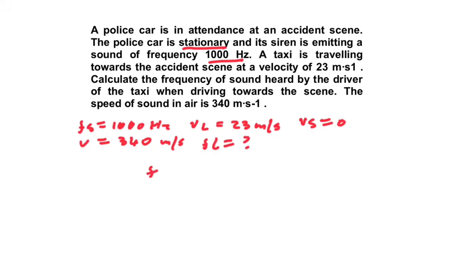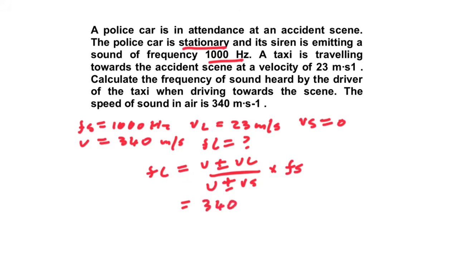So we're going to have FL being equal to V plus or minus VL divided by V plus or minus Vs multiplied by Fs. So what is V, speed of sound in air? 340. Our listener is moving towards. So on the numerator, we're going to have plus 23.